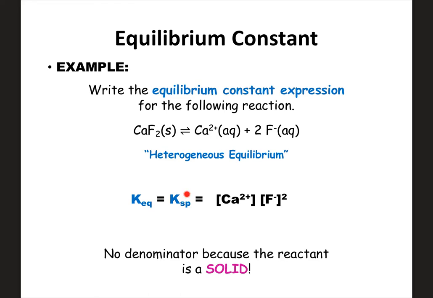So this would just be KSP is equal to the concentration of the Ca2+ times the concentration of F− squared. Remember, the coefficient in the balanced equation becomes the exponent for a substance in the equilibrium constant expression. So it's products over reactants, it's just that there's not going to be any denominator here because the reactant is a solid. So that's the basic gist of how you write an equilibrium constant expression.